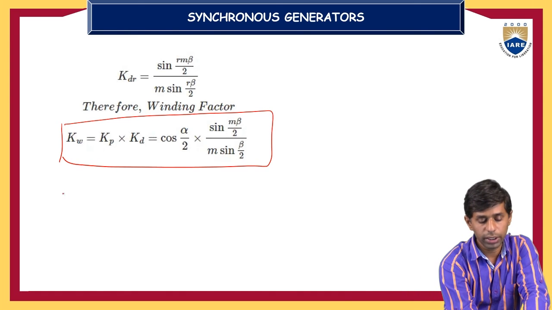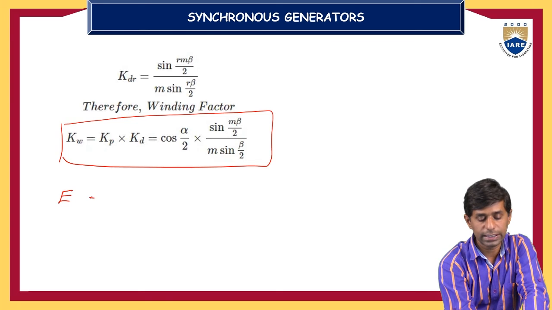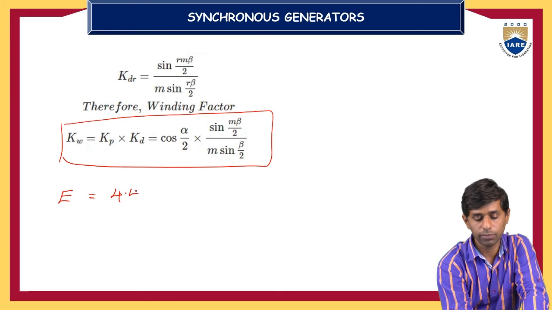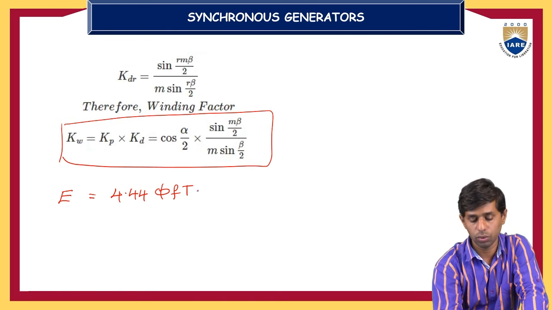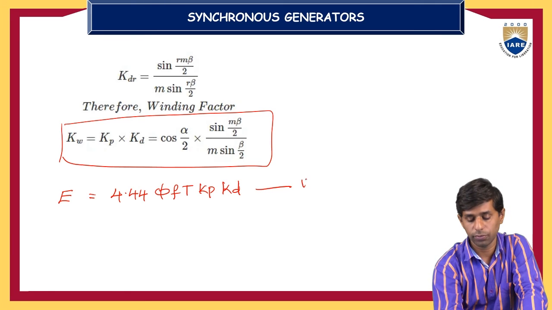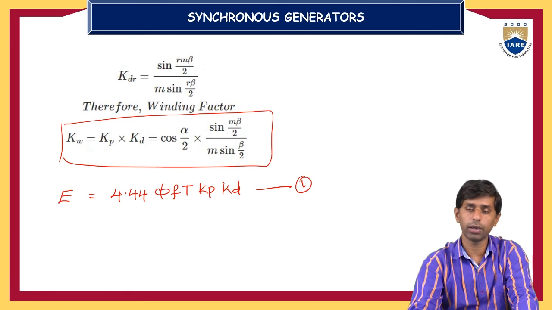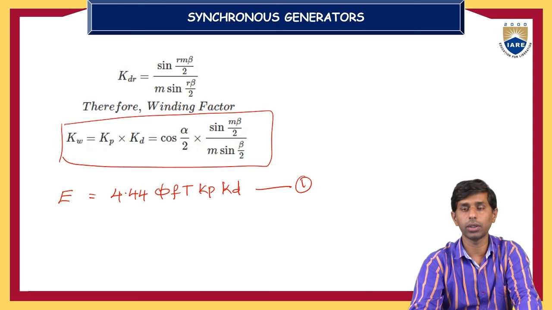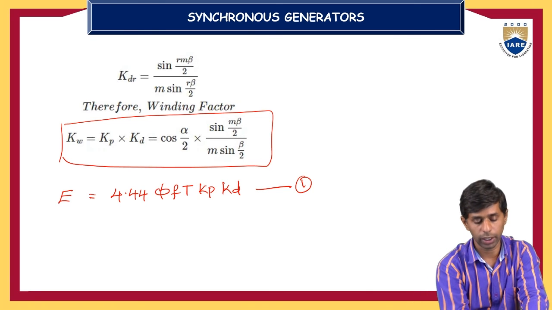Now we can write the expression for induced EMF as 4.44 times pi into F into turns per phase into Kp and Kd. This is expression one. It is valid for both kinds of windings, that is concentrated, short pitched, and distributed winding.